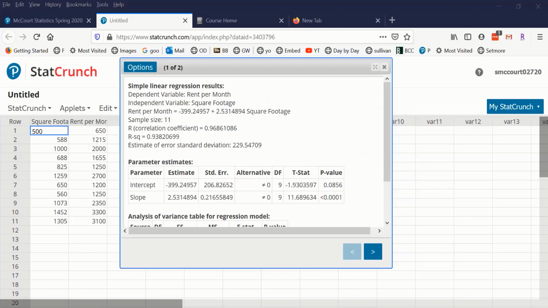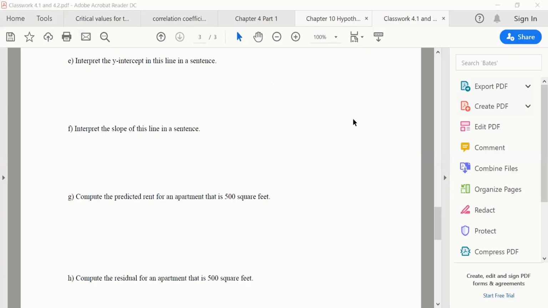So if I go back to my homework, that's what I would write there. I would say the y-intercept is negative 399.25 or whatever it was.